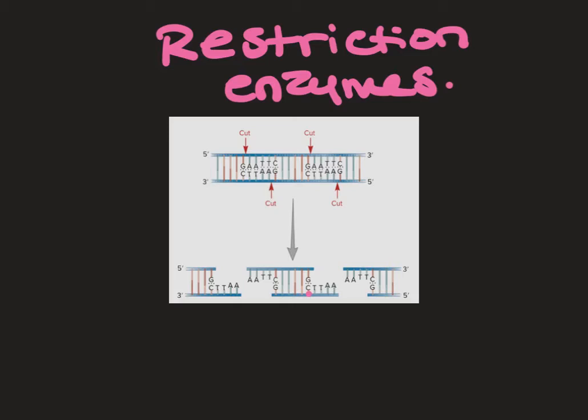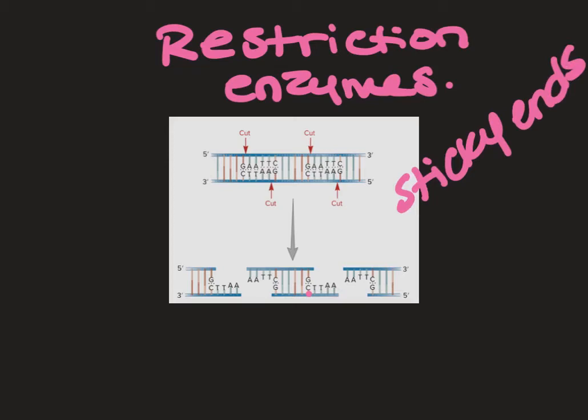And here in particular in the picture, we see sticky ends. These sticky ends come about because the restriction enzyme hydrolyzes the phosphodiester bond between the nitrogenous base residues.